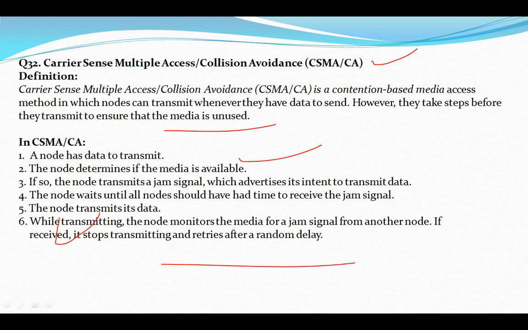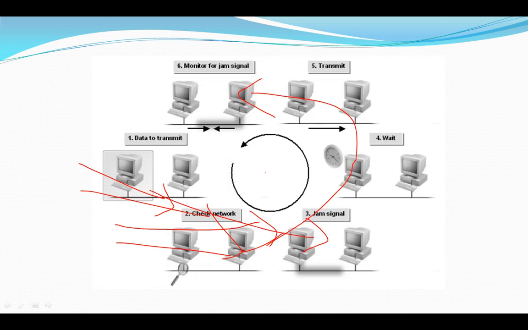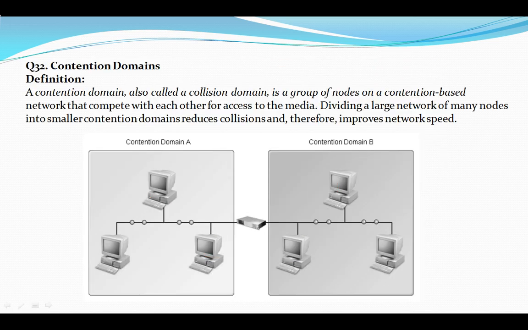I mean, it started transmitting data, and if any reply comes from another computer saying yes, I'm also sending, it will stop the data transmission, wait for some time, and retry after a certain random time.